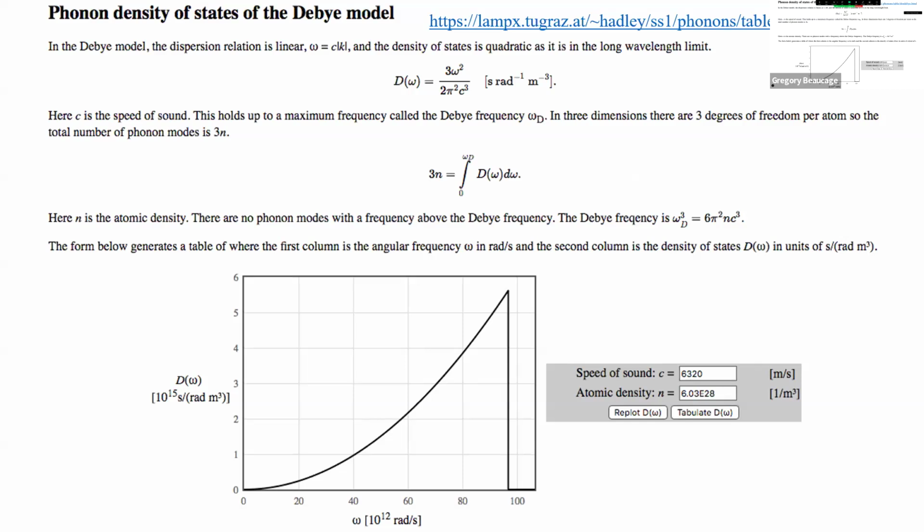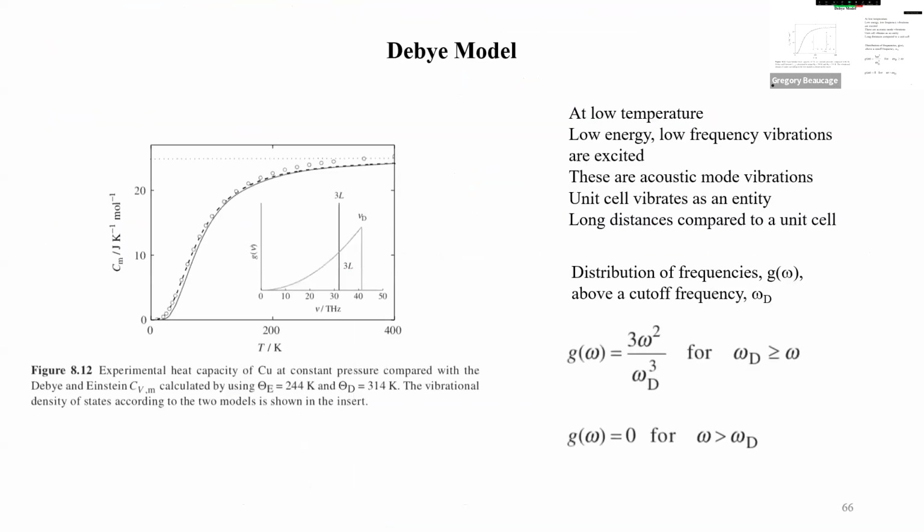It just repeats as you go to higher wavelength or lower frequency. So that's why you have a cutoff, here's the Einstein, and this is the Debye. That's kind of where that comes from. You get this cubic or squared dependence on frequency of the density of states.